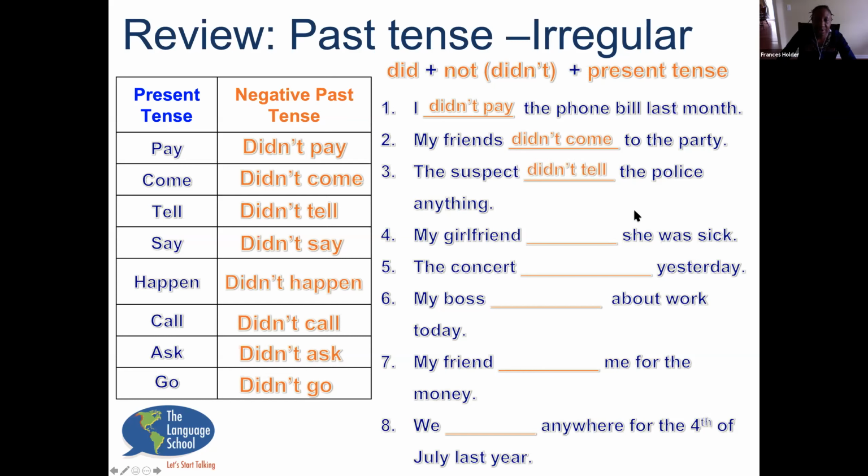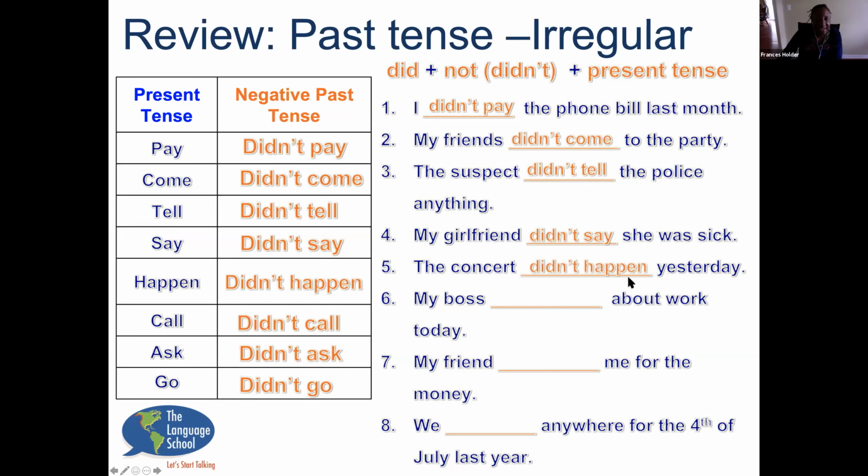Excellent. Number 4. My girlfriend didn't say she was sick.